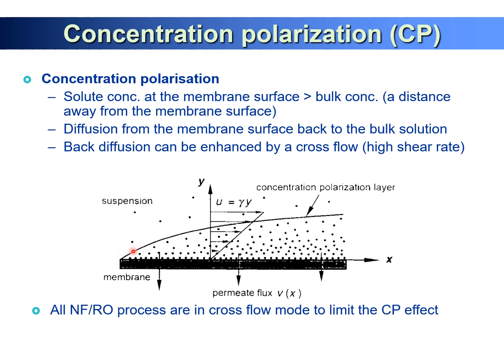So along your membrane length, in your concentration polarization layer, your salt concentration is higher. So this is the bulk concentration, 35 grams per liter, and then you have a membrane surface concentration.